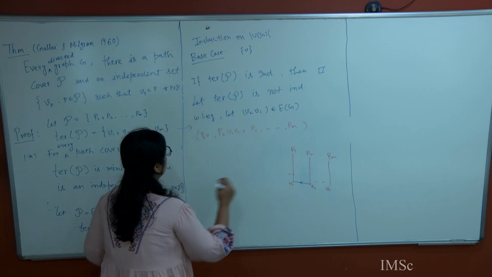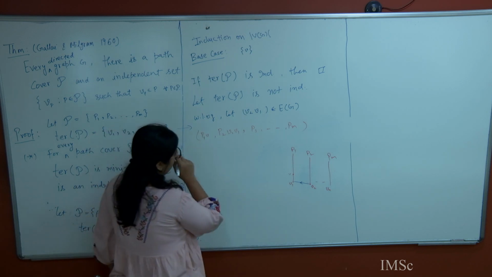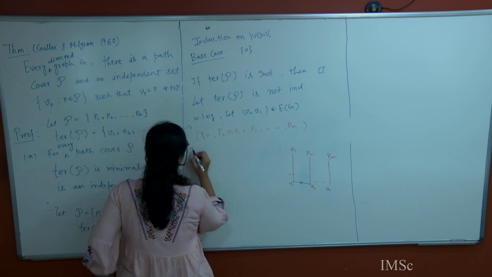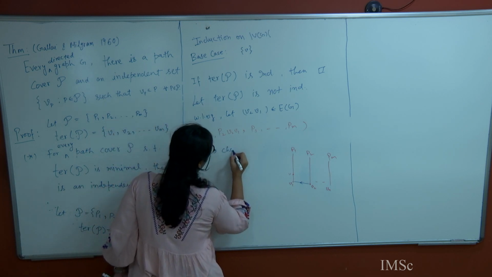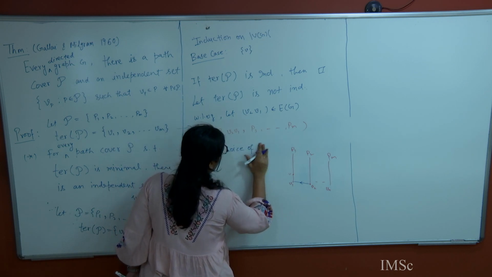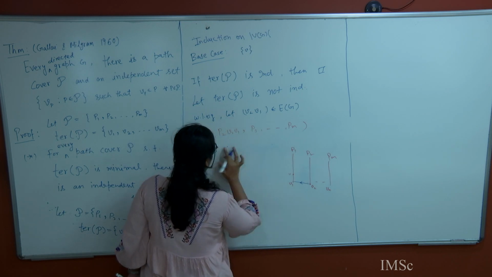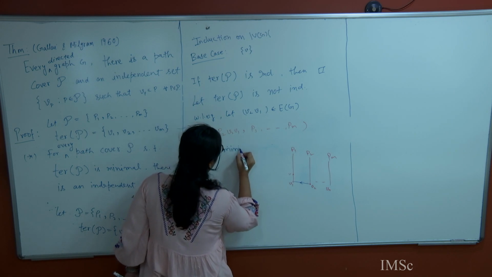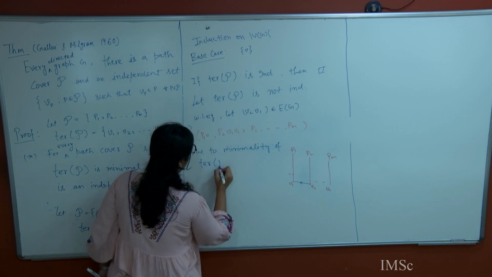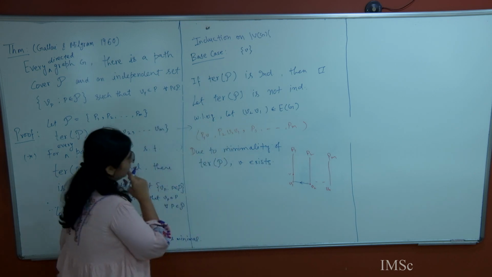V2 is not there basically. So that's why V exists, due to the minimality of the terminal set P. Okay, this is okay.